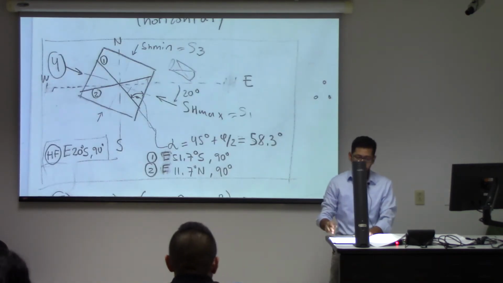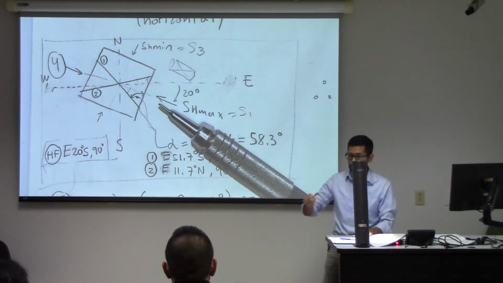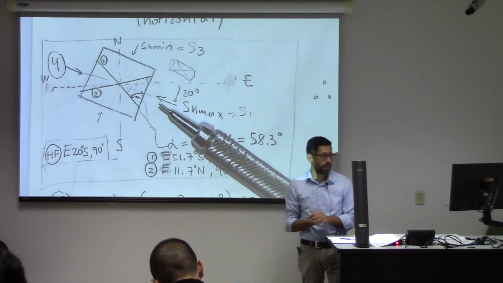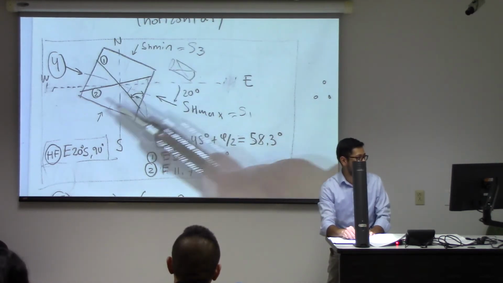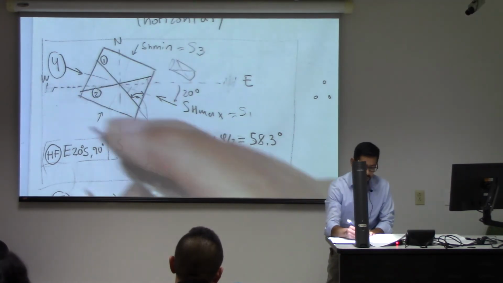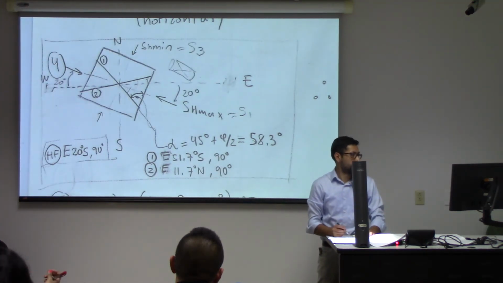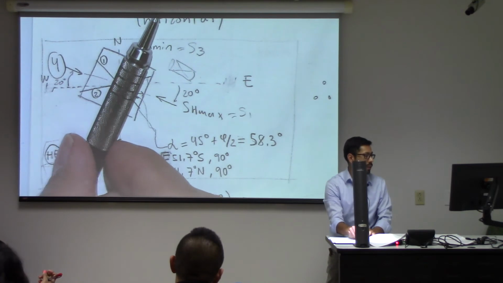So in this case, the first thing to do is always to draw and to identify what is the direction of the principal stresses. In this case, SH max is going this direction, 20 degrees from the west towards the north. So this is also 20 degrees. And perpendicular to that, we know we're going to have SH min.